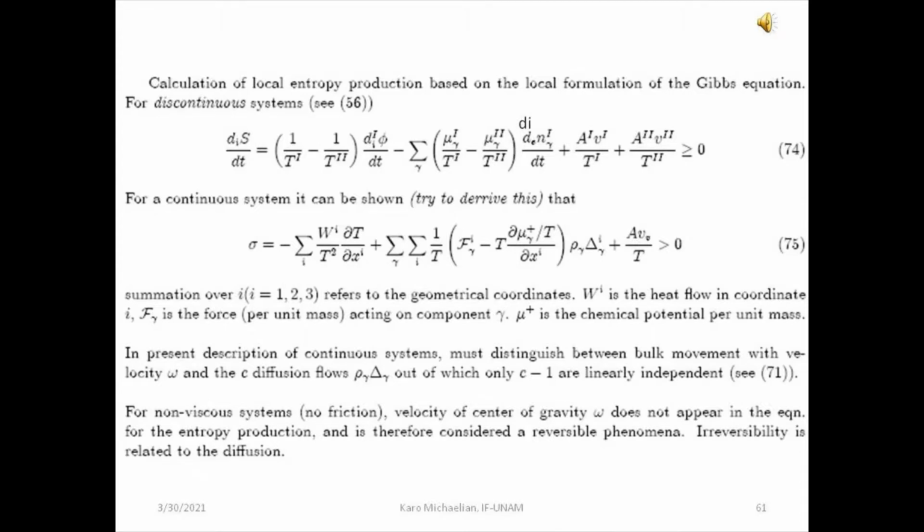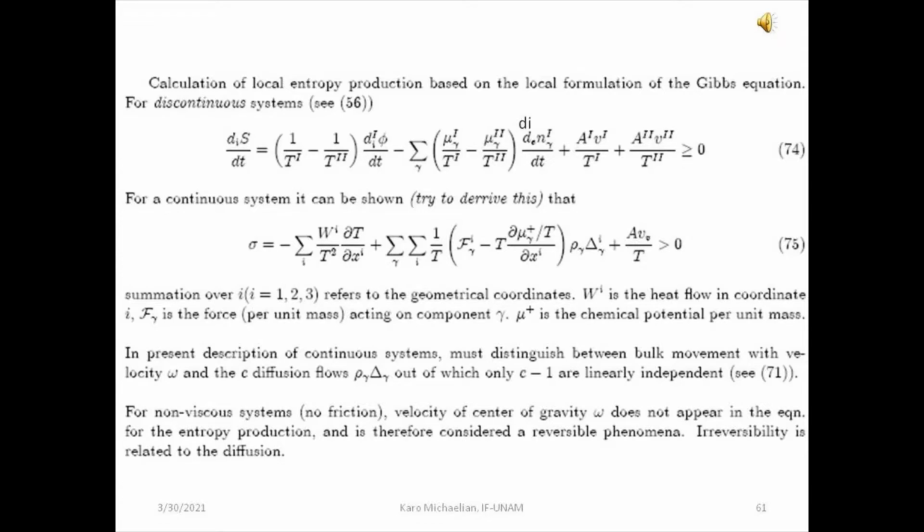And it's multiplied by the mass density times delta, which, remember, is the velocity of component gamma with respect to the velocity of the center of mass of the system, in each of its 3 components x, y, and z. That's why the subscript i again.